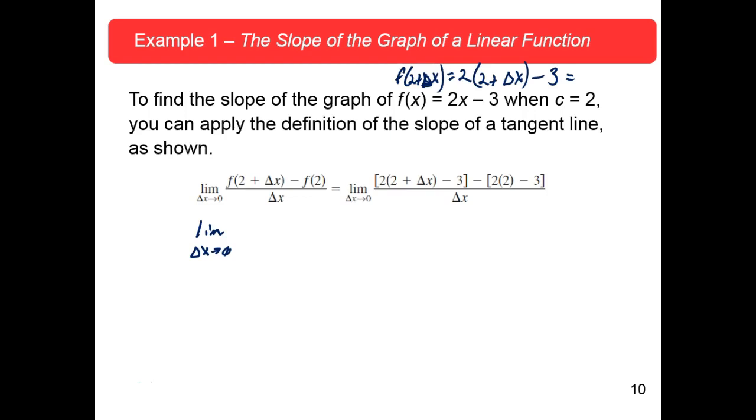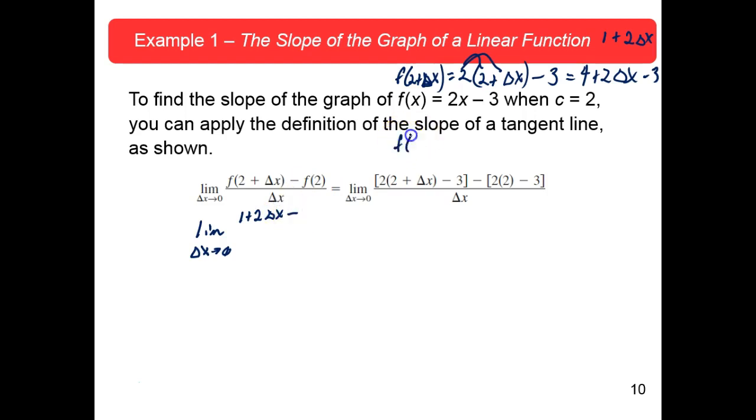And you see it's 2 times 2 plus delta x minus 3. Okay? So do the math. What would that be? Distribute. That would be 4 plus 2 delta x minus 3. Okay? Do the math. That would be 1 plus 2 delta x. So that would be 1 plus 2 delta x minus f of 2.